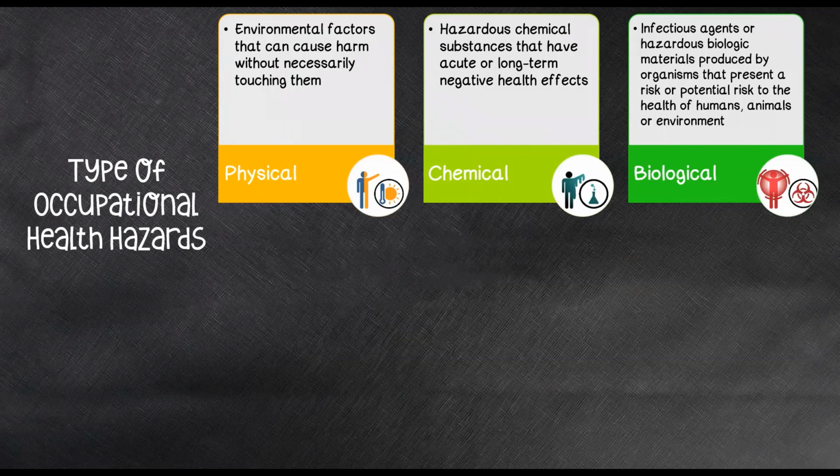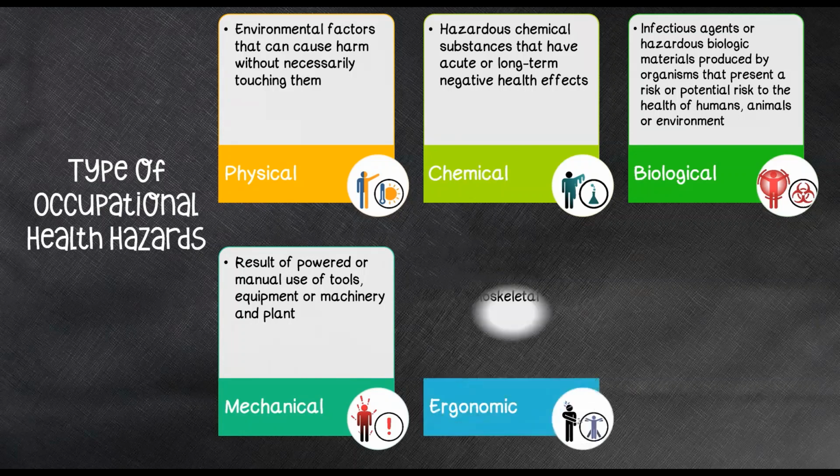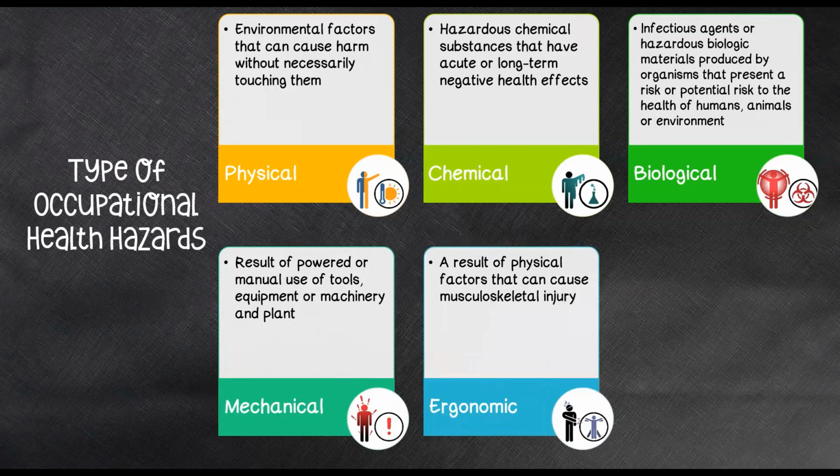You will know if it is a biologic hazard because of this symbol, the biohazard symbol. Mechanical hazard results from powered or manual use of tools, equipment, or machinery and plant. Ergonomic hazards are a result of physical factors that can cause musculoskeletal injury.